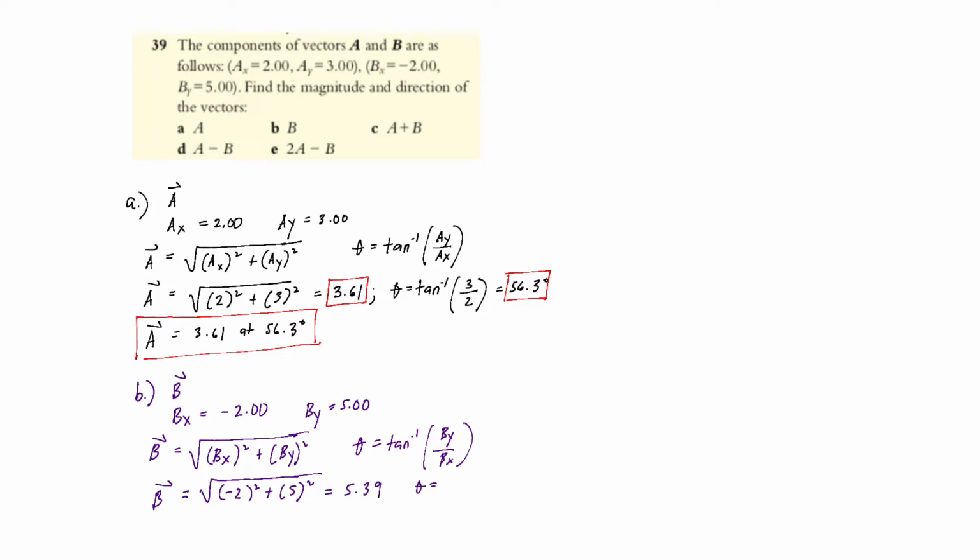For the angle, the arctan of 5 over 2 is 112 degrees. And so our answer for the vector b is 5.39 units at 112 degrees.